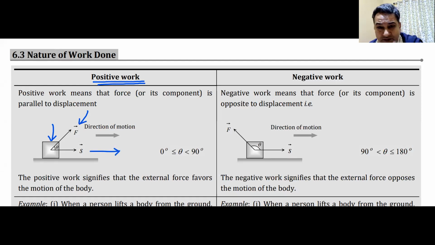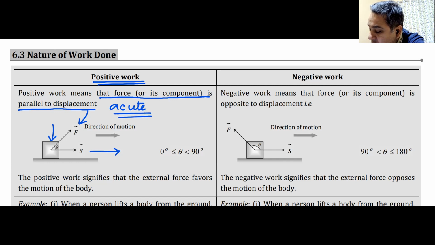But when I resolve this force, I will have one component parallel. So if one component is parallel to displacement, that means the angle is acute. In this case, I will have positive work done.